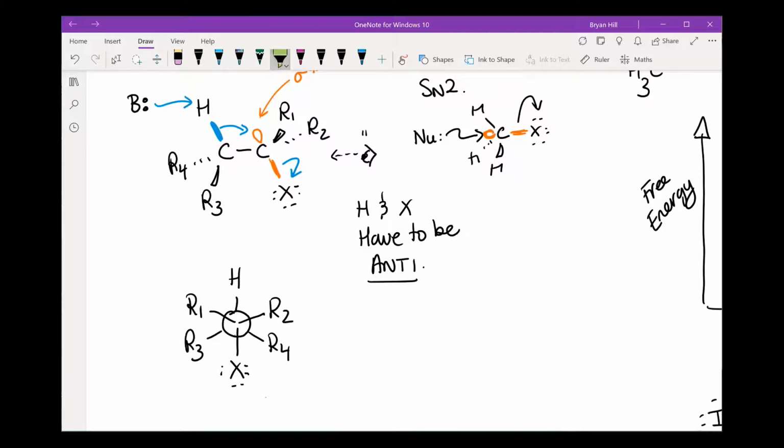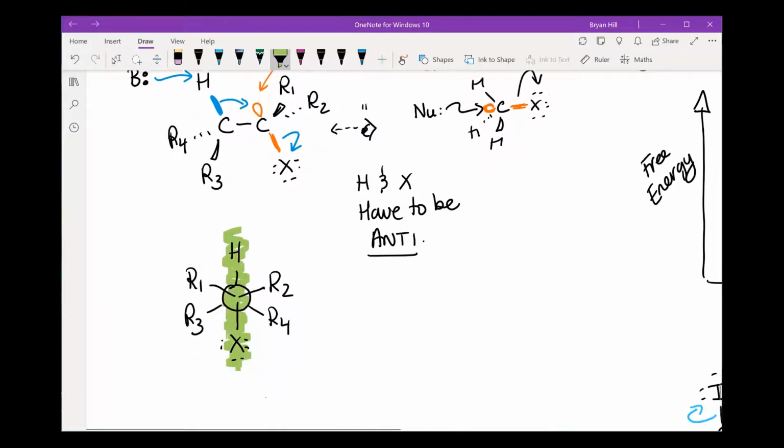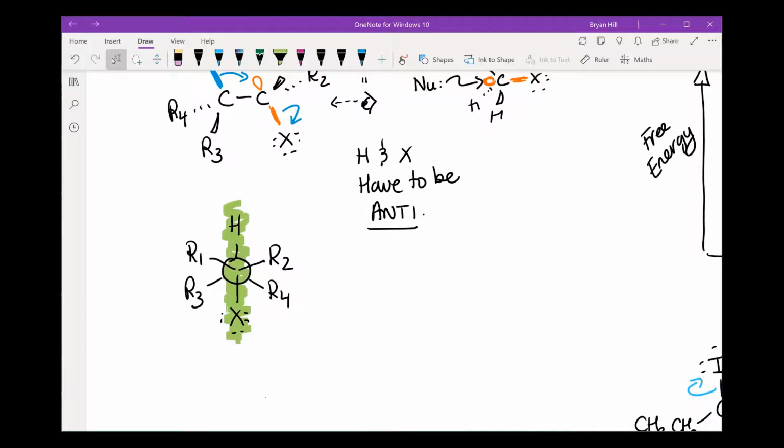So the H and the X are anti. They're perfectly lined up. So these two are anti. So this is the lowest energy conformation in which the elimination can take place. This is the low energy conformation.